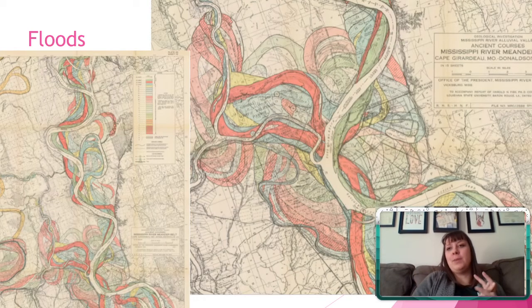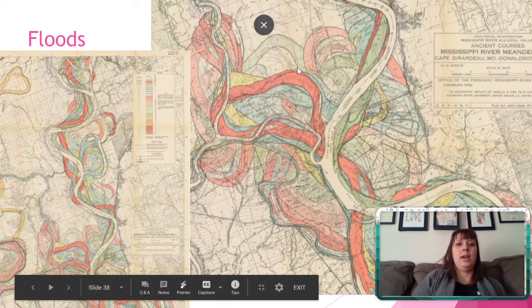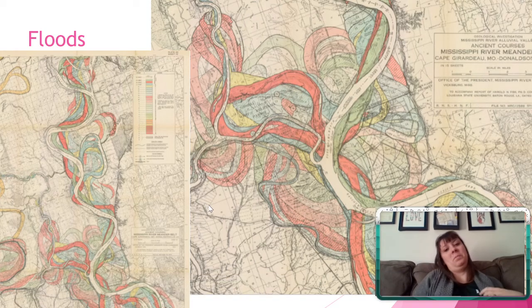I always thought these maps were super cool too. So these are like meandering river maps. This map shows where, when this map was made, where the current river was, and then it also shows all the different routes it has taken. I think it's super cool.